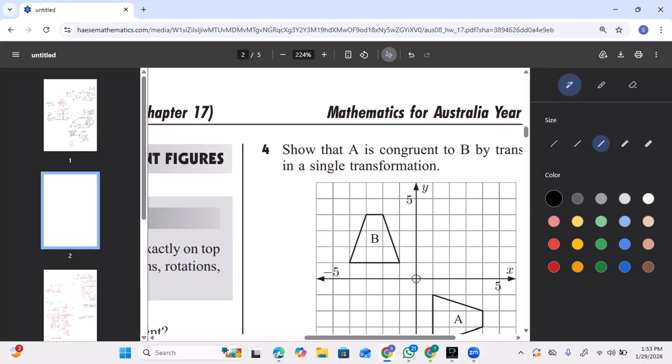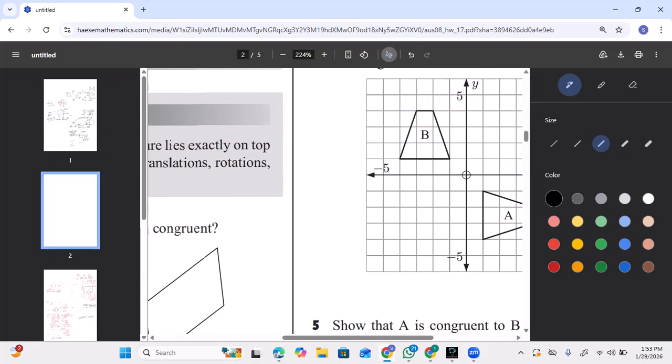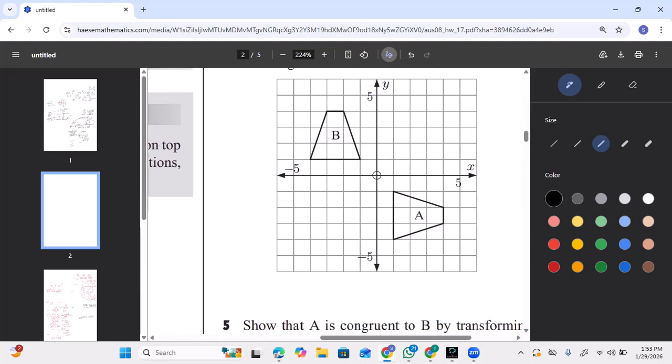Okay, let's see what we have next. Okay, so I think we did this one. This is left.